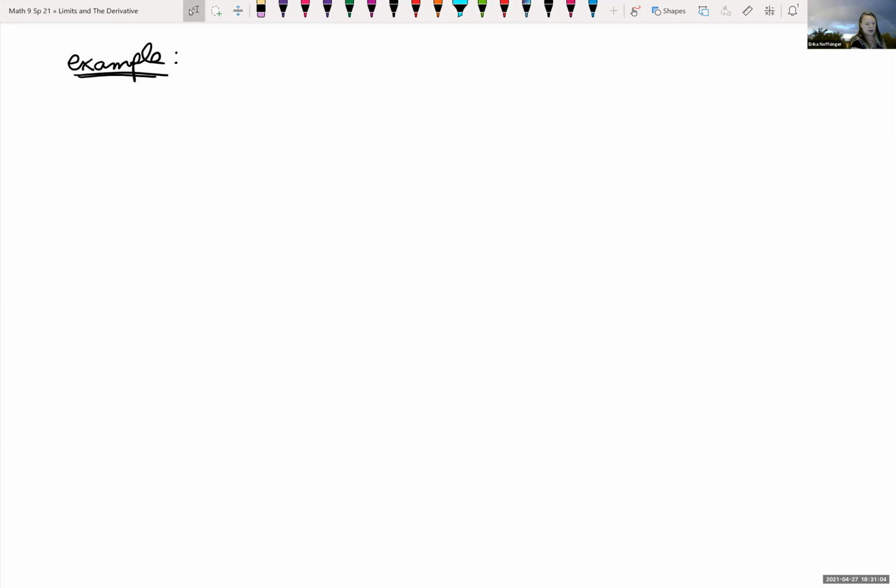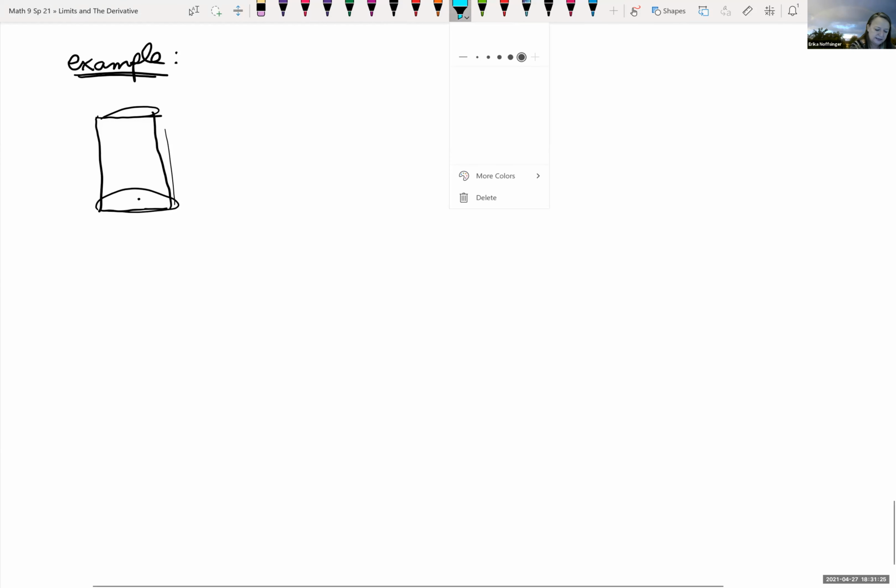Okay, so we got a lot going on here. So we have some tank. I don't know what the tank looks like, but let's just say that we have some tank in here. And that tank, we have a hole in it. And from that hole, we're getting sand that's coming down, dripping down, and it's forming this kind of cone shape.